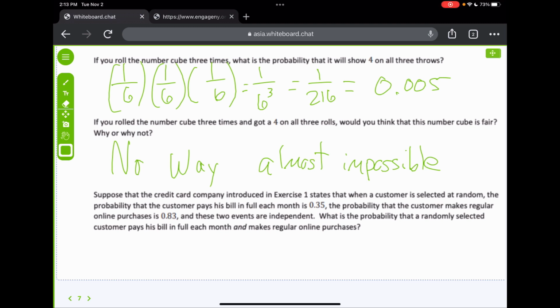Well, we know that if they are independent of each other, all we have to do is multiply them together, because they don't have any effect on each other. And that would be about 291 thousandths. So out of 1,000 people, about that would happen 291 times.